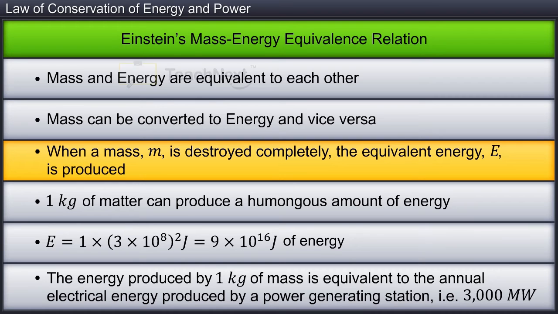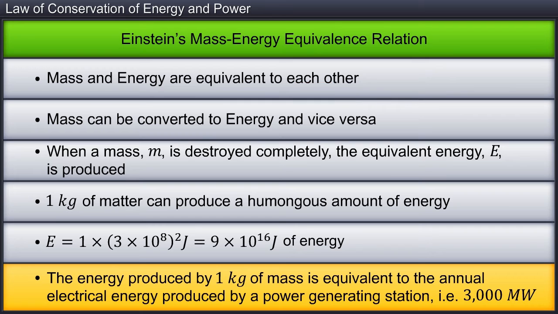Thus, according to Einstein's mass-energy equivalence equation, 1 kilogram of matter can produce a humongous amount of energy, which is E = 1 × (3 × 10⁸)² joules, equal to 9 × 10¹⁶ joules of energy.